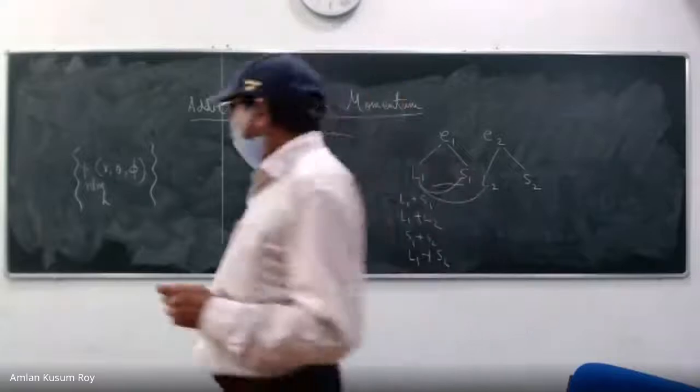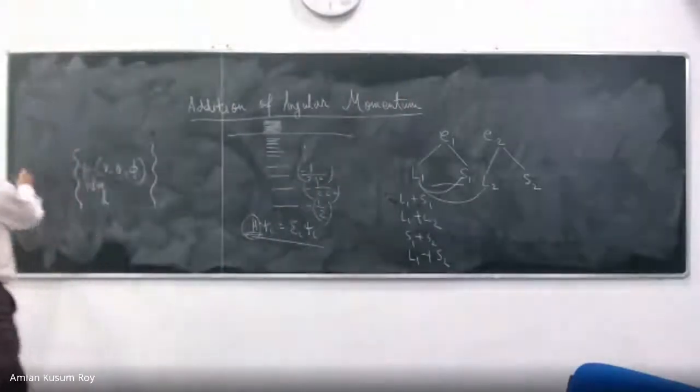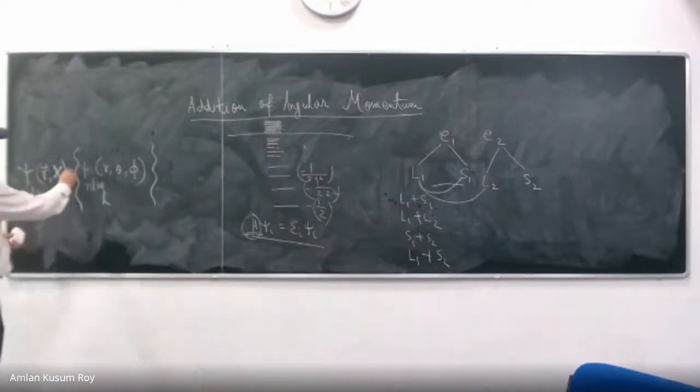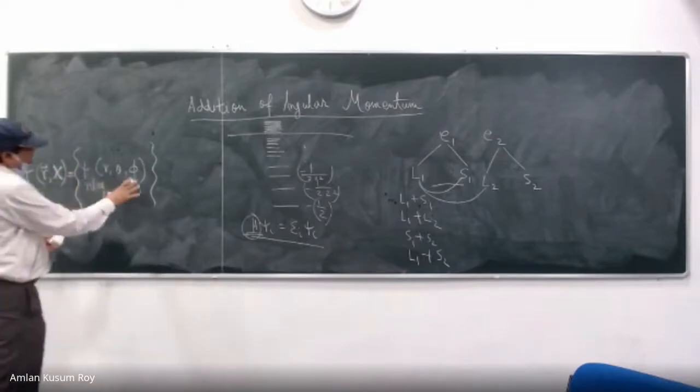Suppose I want to write the 1s orbital: psi 1s is written not only in terms of r, but there has to be some spin variable. We'll discuss what that parameter is, but at this point I keep it as x. So this is a space function.